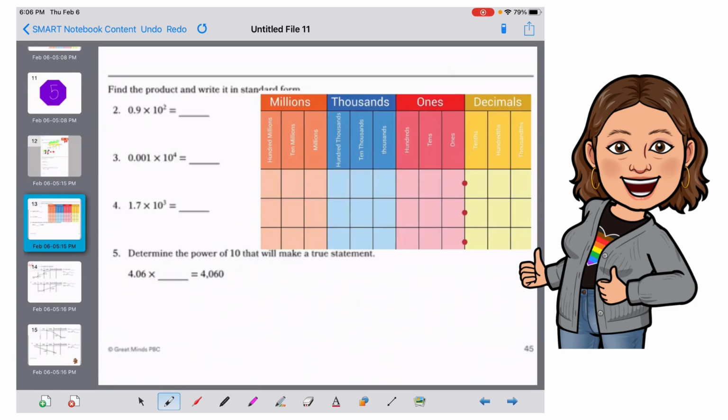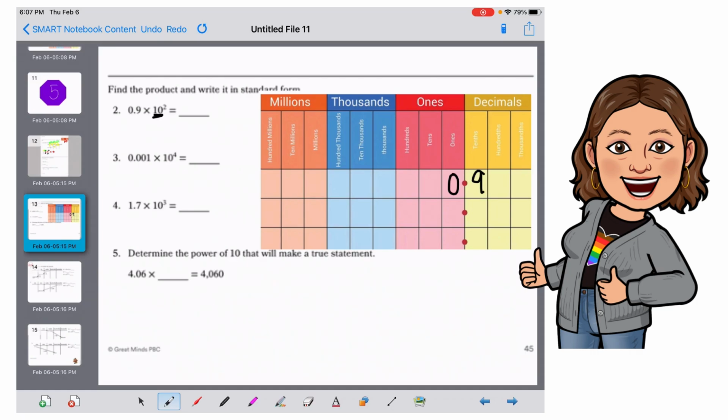Okay, let's move over to number 2. We are going to start here with 9/10. I'm going to go ahead and write that in my place value chart. I'm multiplying by 10 to the 2nd power. That tells me I'm multiplying by 10 times 10.